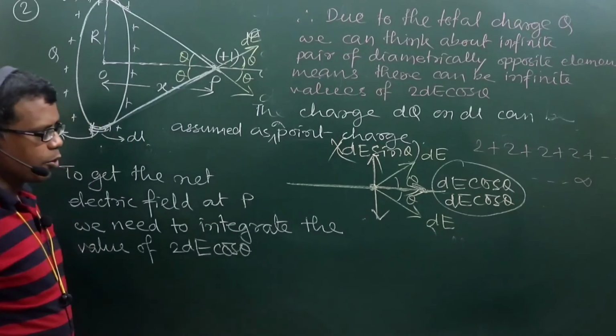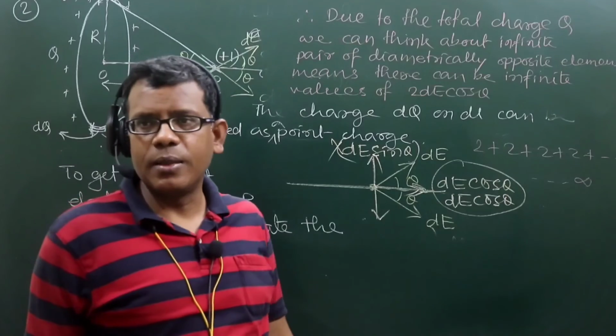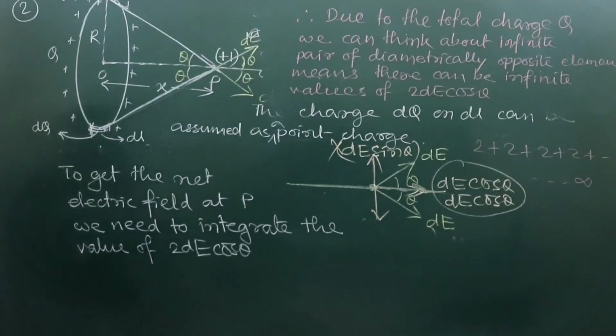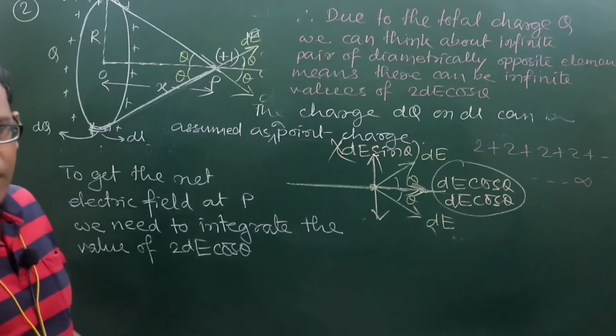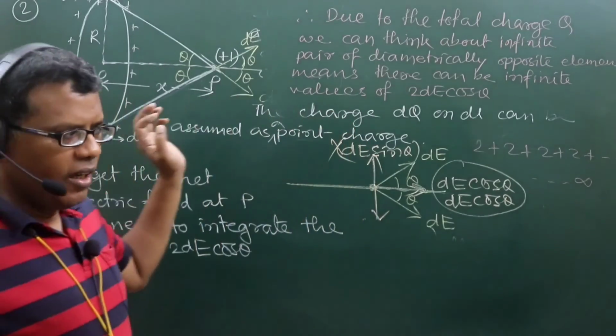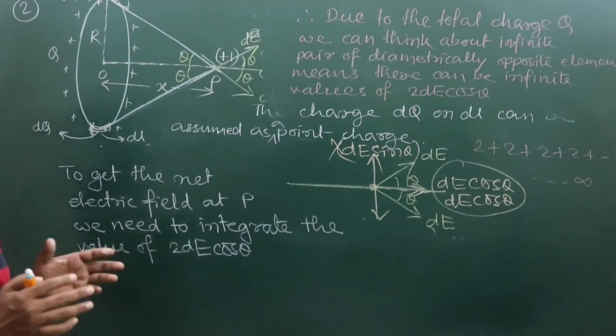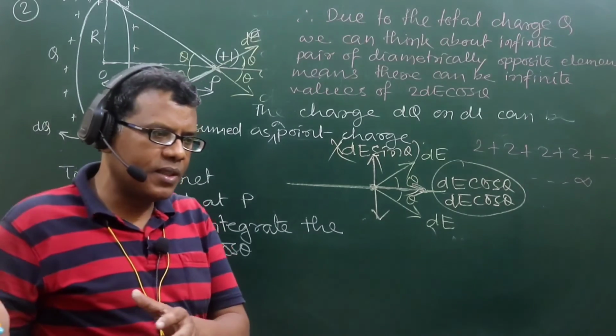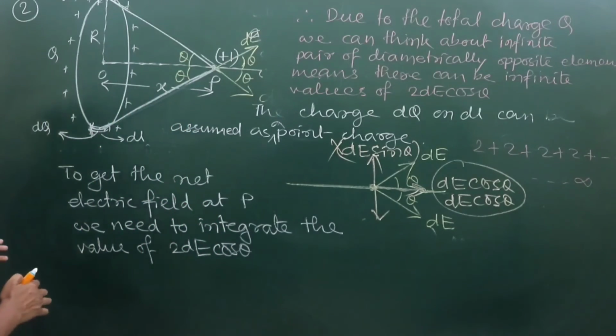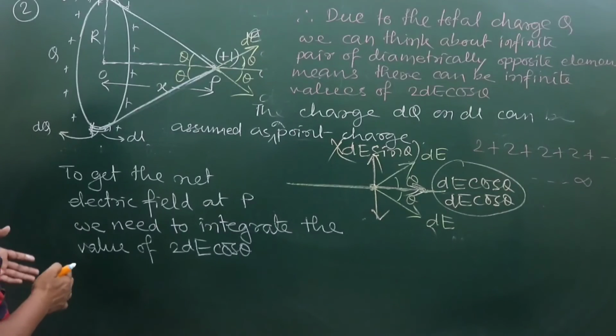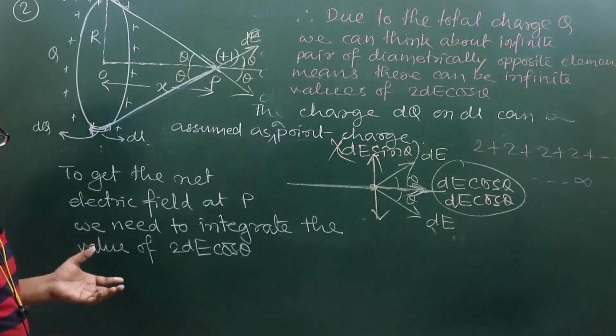Logically, we are supposed to add 2dE cos theta infinite times. Whenever we are supposed to add a number infinite times, we have to follow the addition by the process of integral calculus.